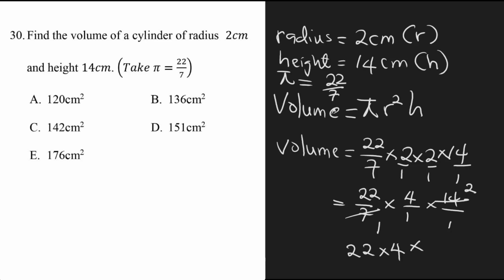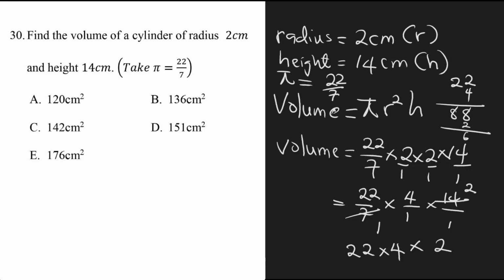So let's multiply. Let's first multiply 22 times 4. 4 times 2 is 8, 4 times 2 is 8. We have 88. And 88 times 2. 8 times 2 is 16.